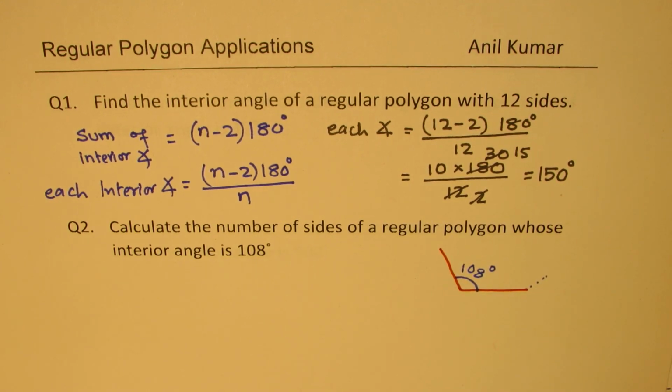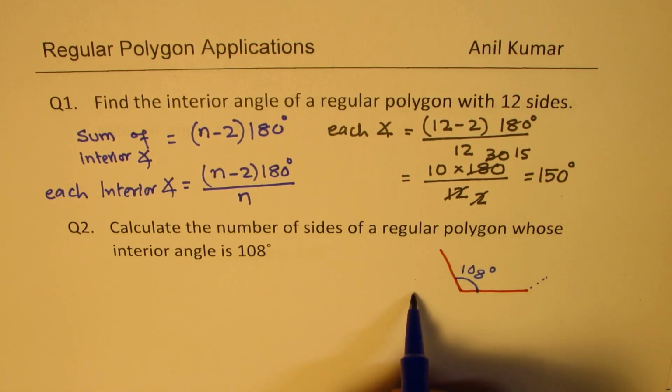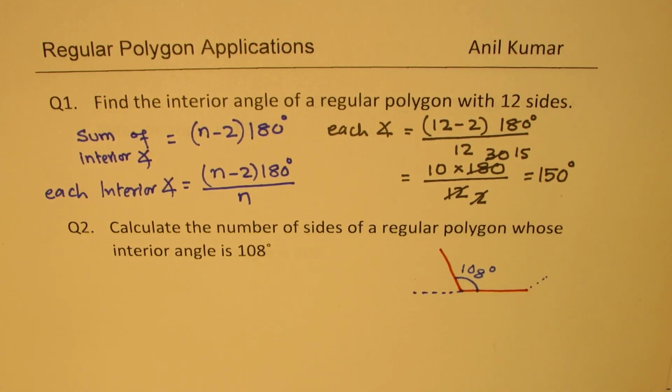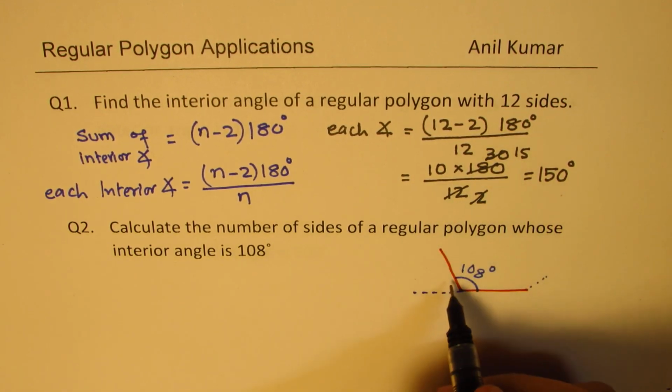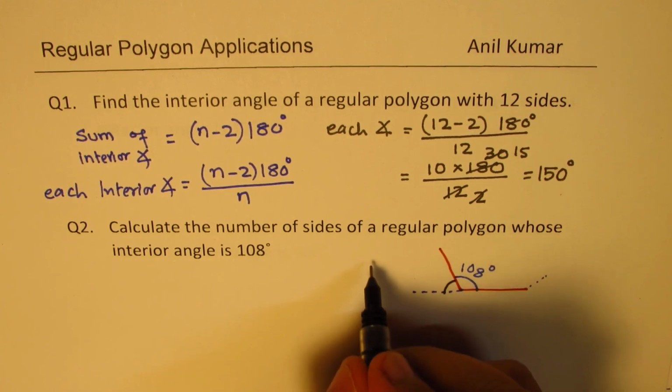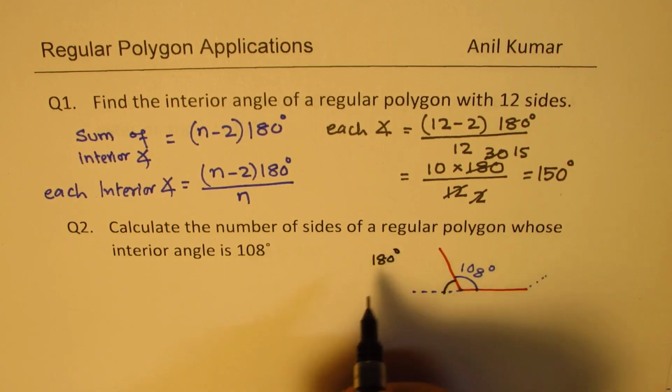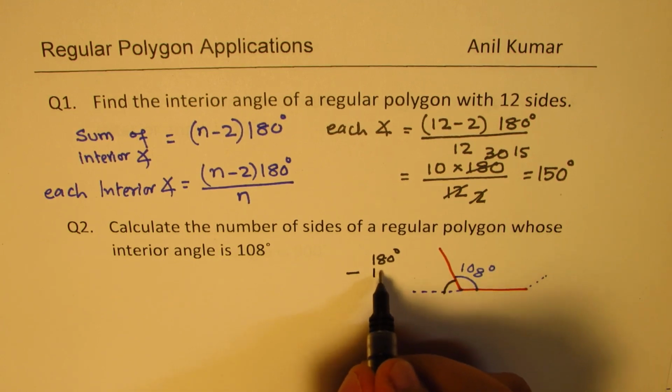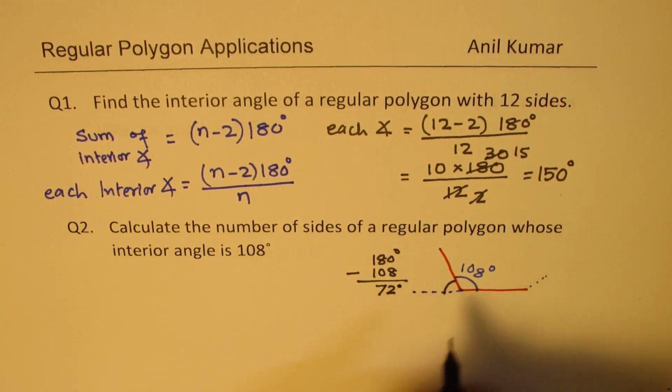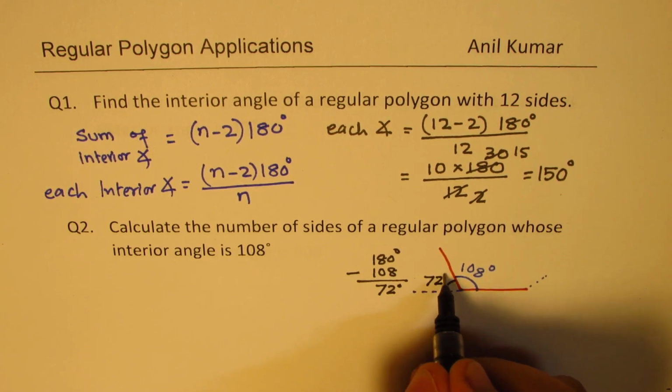Now if that is the case, then what is the exterior angle? In that case, the exterior angle will be 180 degrees take away 108 degrees, which is 72 degrees, correct? So this angle is 72 degrees.